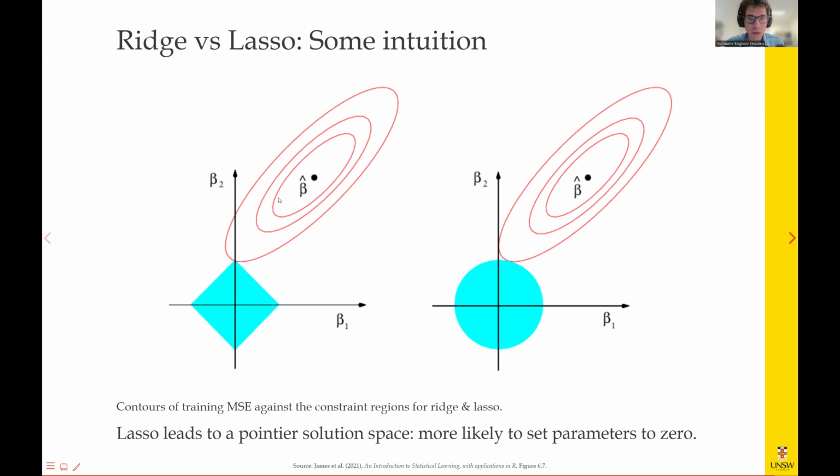All the values of beta 1, beta 2 that are on the same ellipse have the same residual sum of squares. If I go to an ellipse that is further outside, my residual sum of squares gets bigger, but again on the ellipse, they all have the same value for RSS.